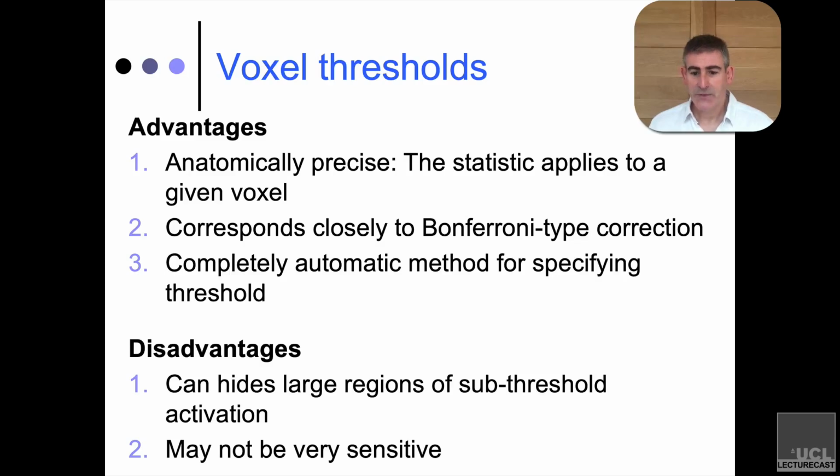The disadvantages to a voxel threshold are that sometimes it can hide large, maybe anatomically meaningful areas of activation that don't quite reach the statistical threshold. That is to say, if you were expecting something in dorsolateral prefrontal cortex, and in fact there's a really large blob there at a Z of 4.5, but your statistical threshold for this data set is 4.7, that's a frustrating state to be in, because you think, 4.5 is a pretty whopping signal.